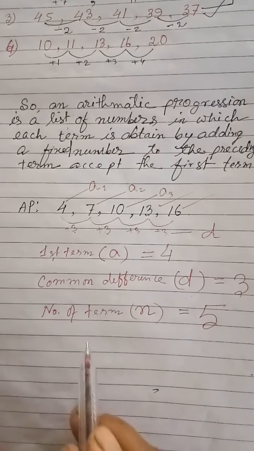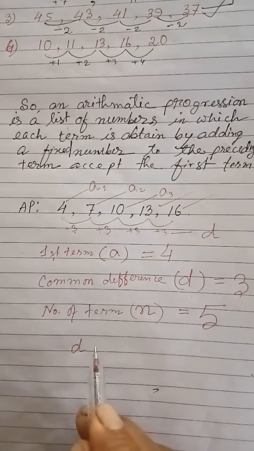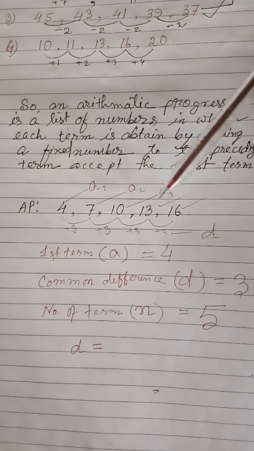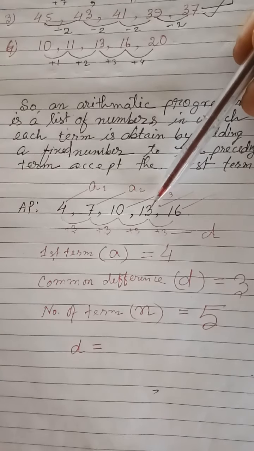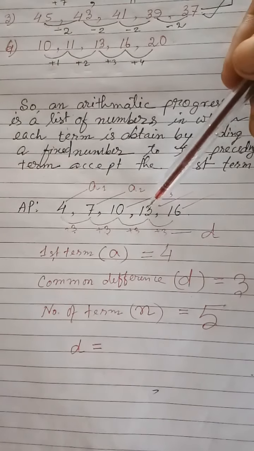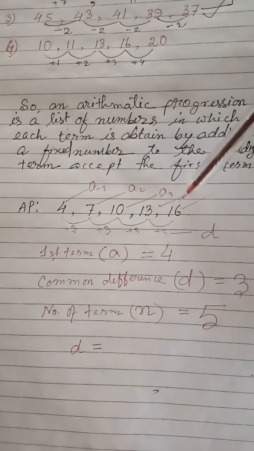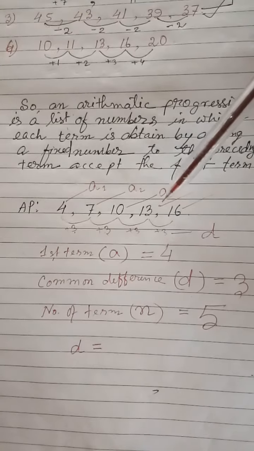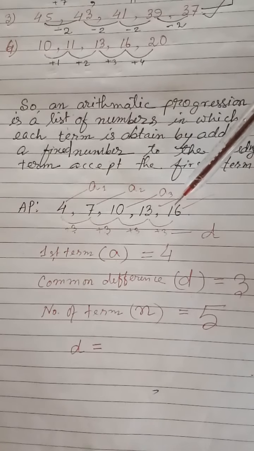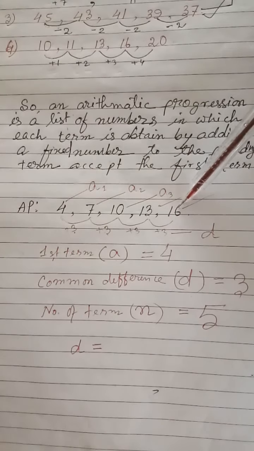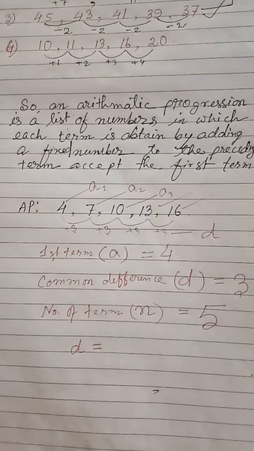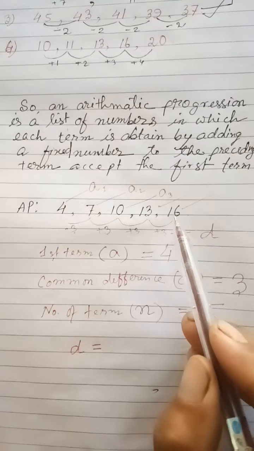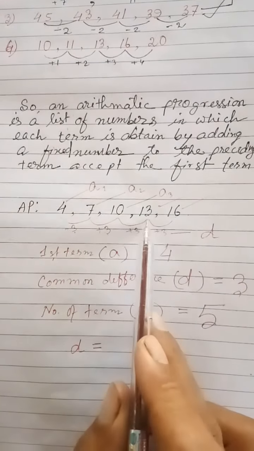And one thing you have to remember here, D, that is the common difference, can be obtained from any two consecutive terms. How? You just find the difference between the two terms, that is any next term minus the previous term.